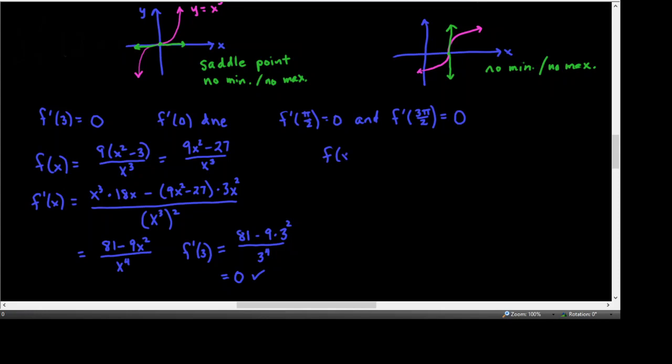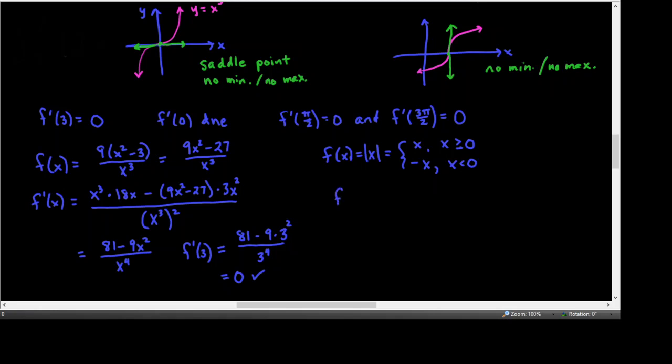f of x equals the absolute value of x, which we really don't like, absolute value. It's kind of like we don't like radicals. So we're going to use the definition of absolute value to say that this function is x as long as x is greater than or equal to 0, and the opposite of x as long as x is less than 0.